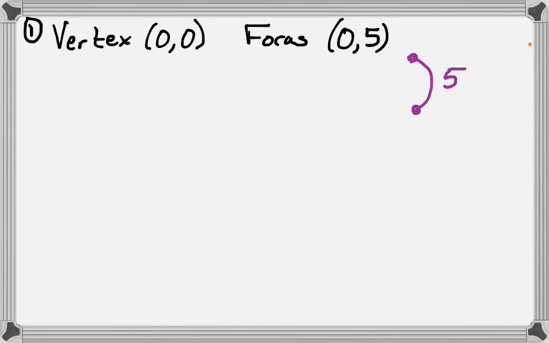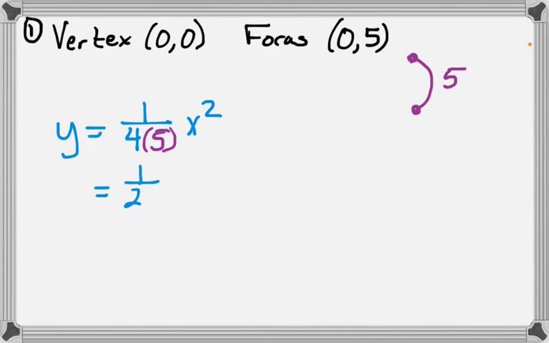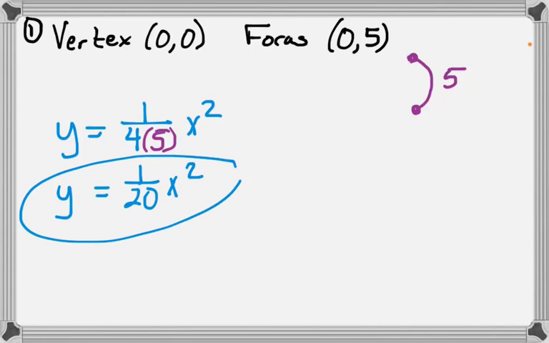And so my formula is y equals 1 over 4c, which in this case c is 5, times x squared. I'll simplify that and it gives me 1/20th x squared. That is the equation. If I asked you where is the directrix, it is 5 units below, so minus 5.